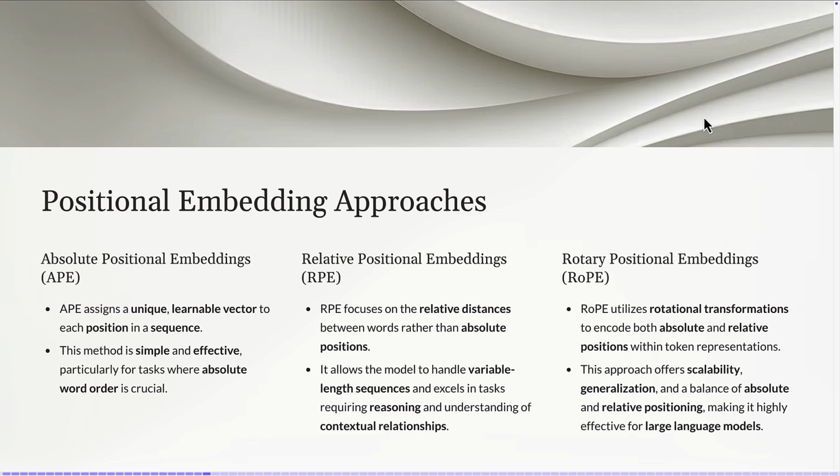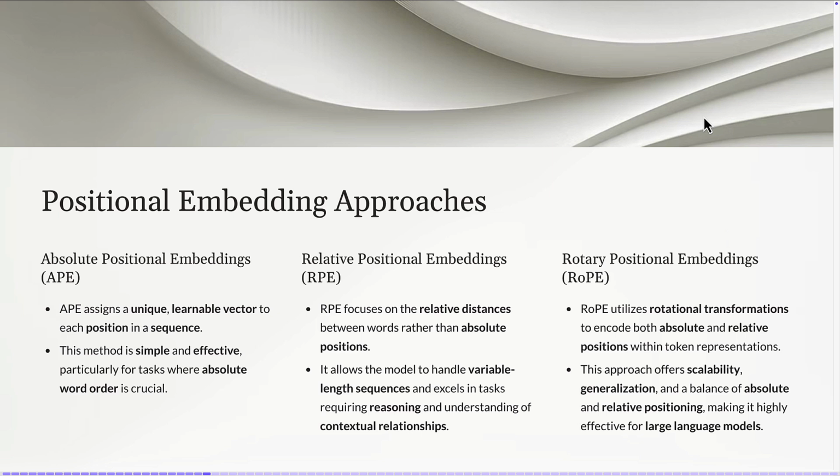So these are different types of approaches proposed for positional embedding. The absolute position embedding assigns a unique learnable vector to each position in a sequence. There is the relative position embedding, which focuses on relative distances between words rather than the absolute position. And when you do the embedding, there are different ways you can add them to the token embedding. The simplest way is to add the position embedding into the token embedding, and this method is simple and effective for tasks where absolute word order is crucial.